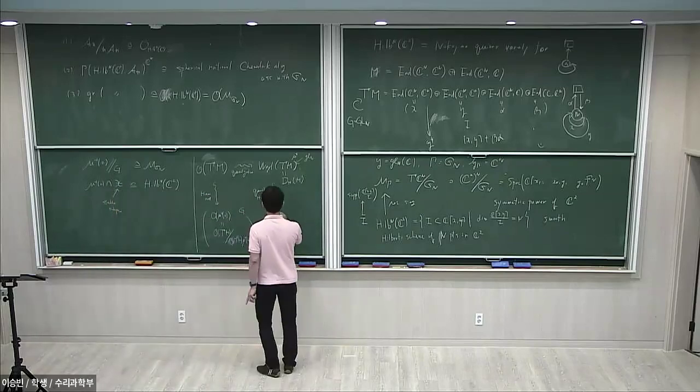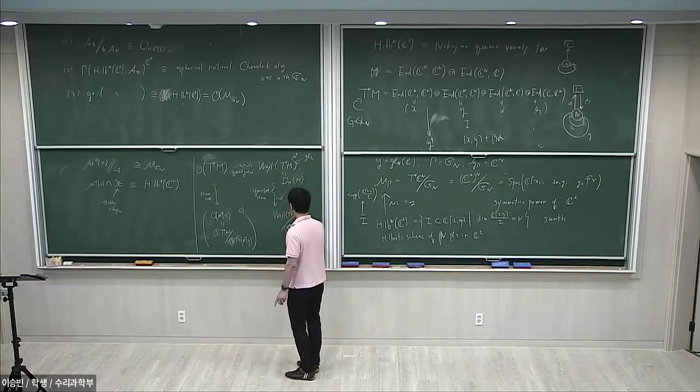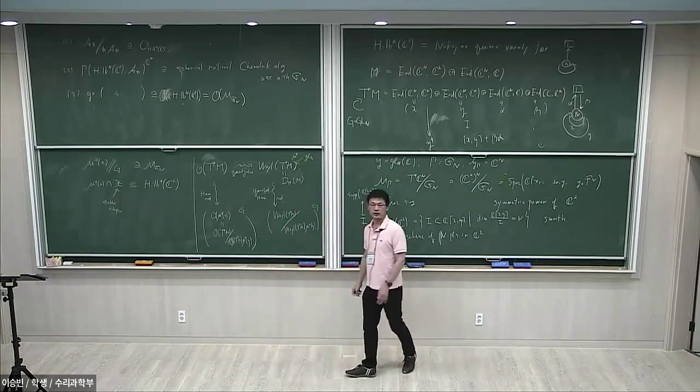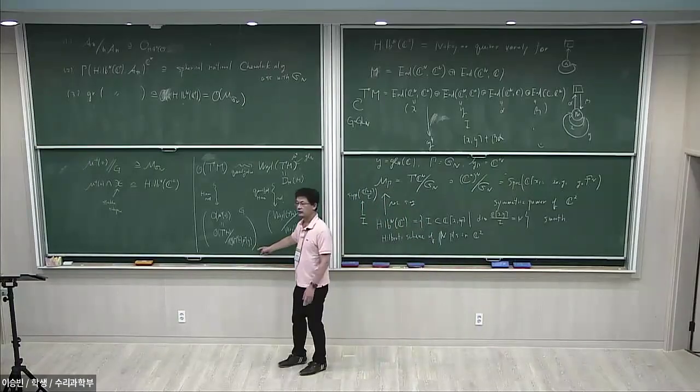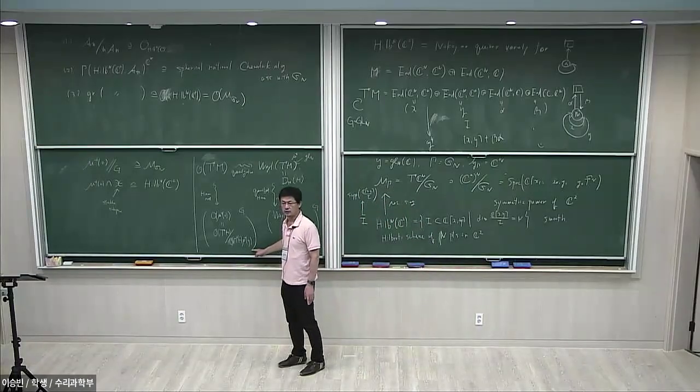What you do is you consider the quotient of this Weyl algebra by the left ideal generated by the image of the quantized momentum map, and you take the G invariant. This gives rise to an algebra, which is a quantization of this commutative algebra.